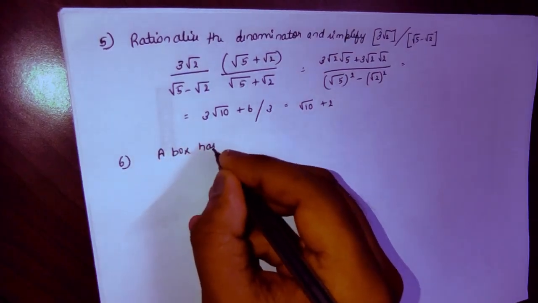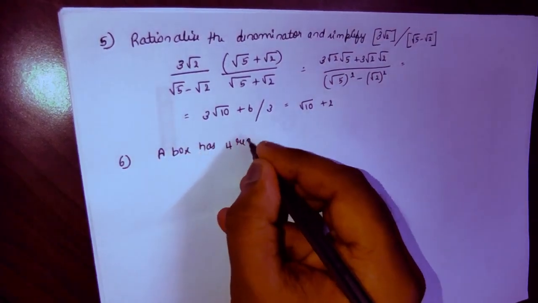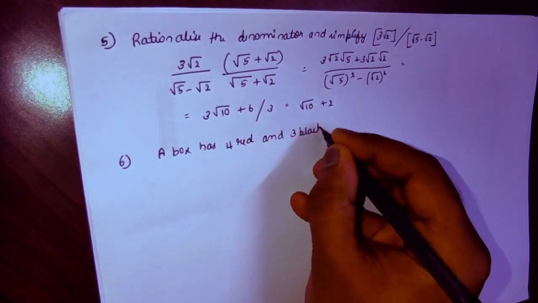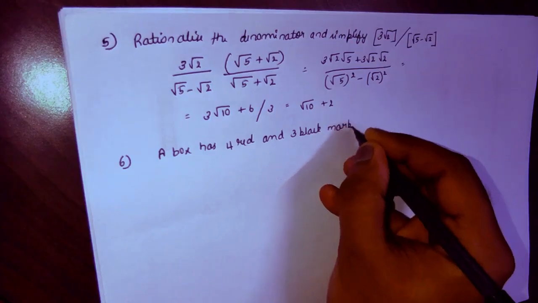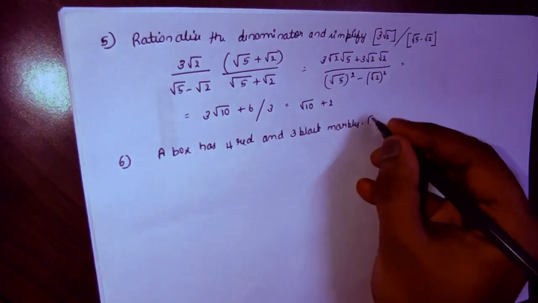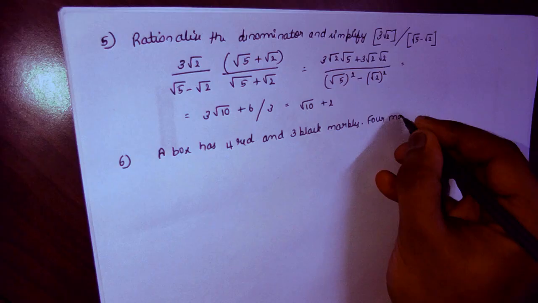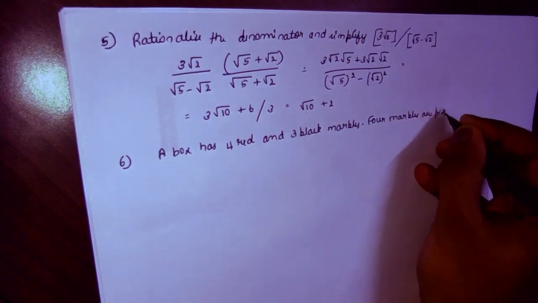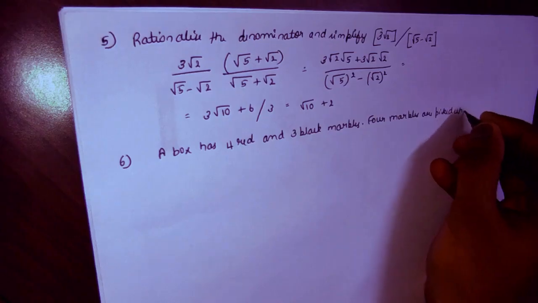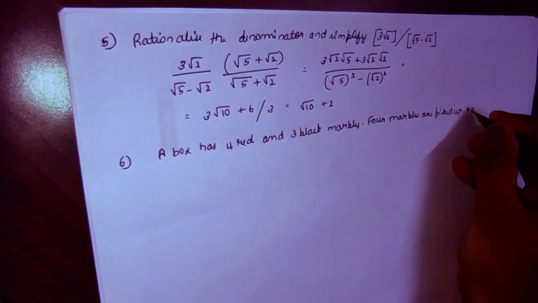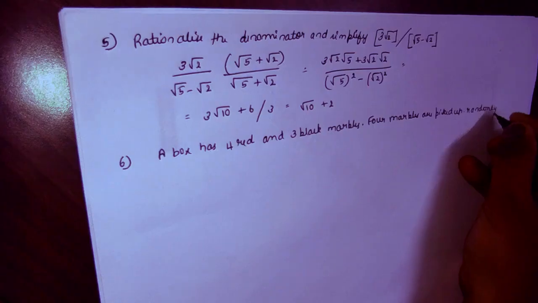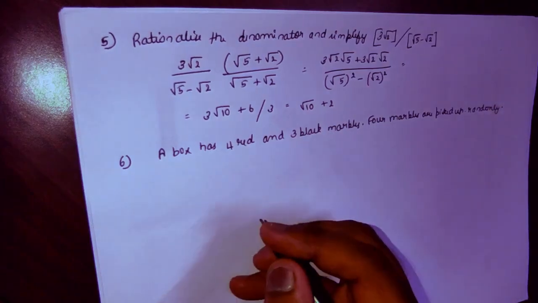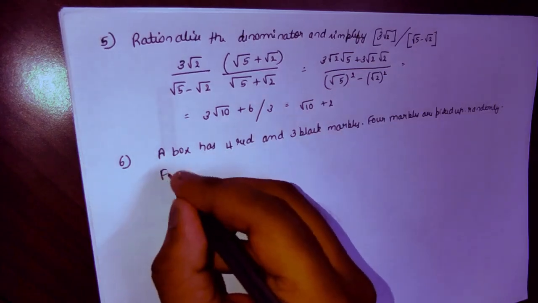A box has 4 red and 3 black marbles. Four marbles are picked up randomly. Find the probability that these marbles are red.